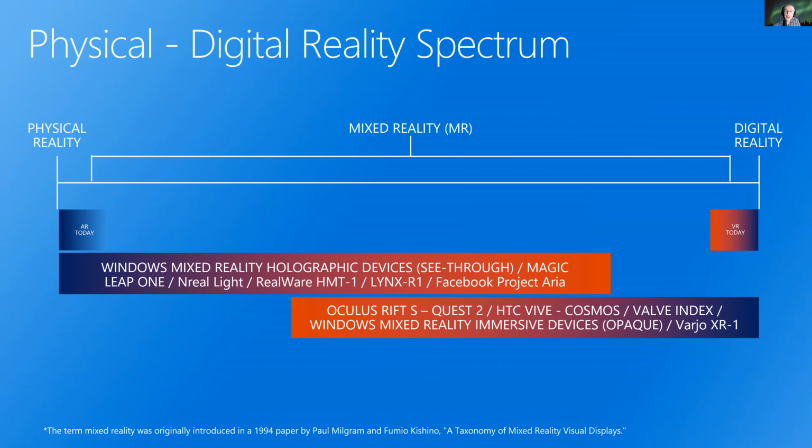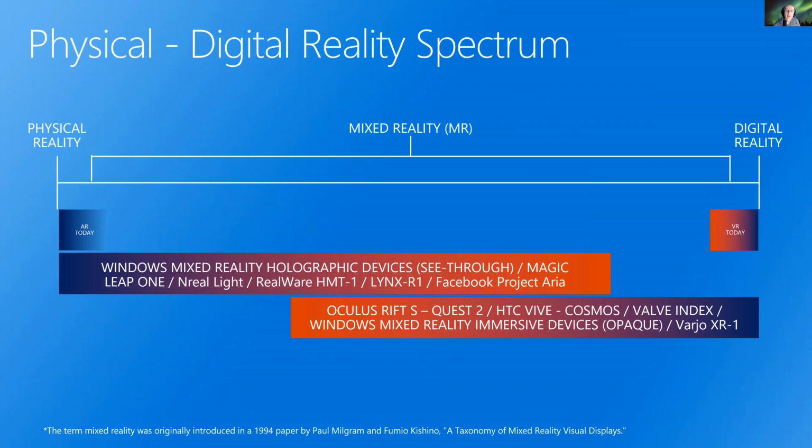If we put the digital reality at one extreme, we find the category of devices like Oculus Rift or Windows Mixed Reality immersive devices, which are usually occluded devices. You cannot see through those types of devices, apart from the latest developments where you can use pass-through cameras. But generally speaking, you cannot see through, and you need to generate a full 3D environment.